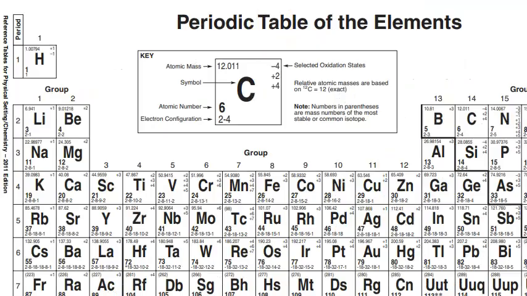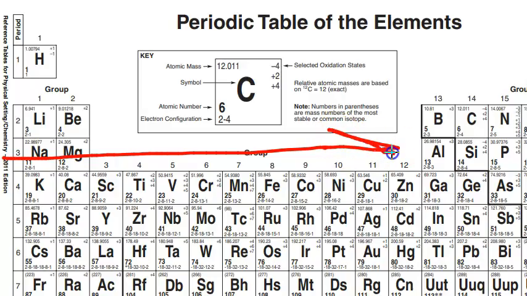The first thing I want to show you, periods are your rows on the periodic table. We're starting with sodium, then magnesium as we're going across. Then we jump over to aluminum, silicon, etc. as we, again, just move from left to right. All we need to do is look up just a few of the elements, and we'll know what the general trend is.